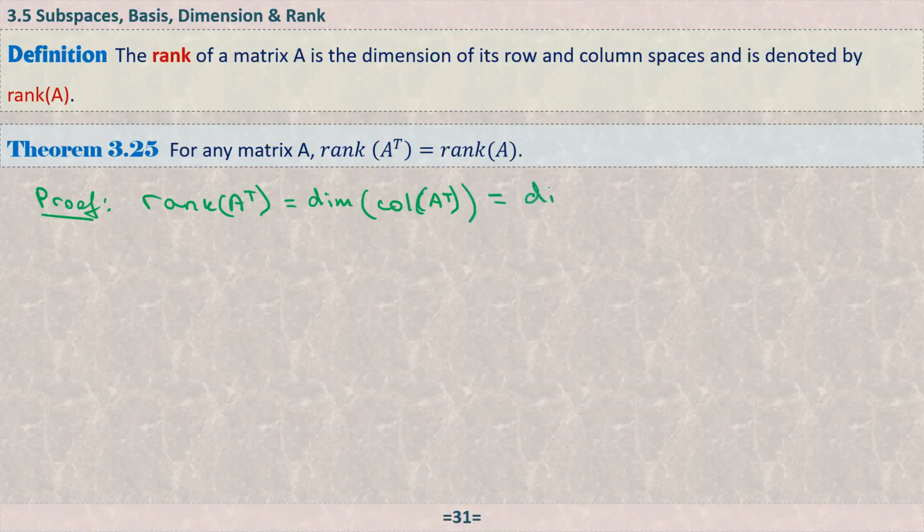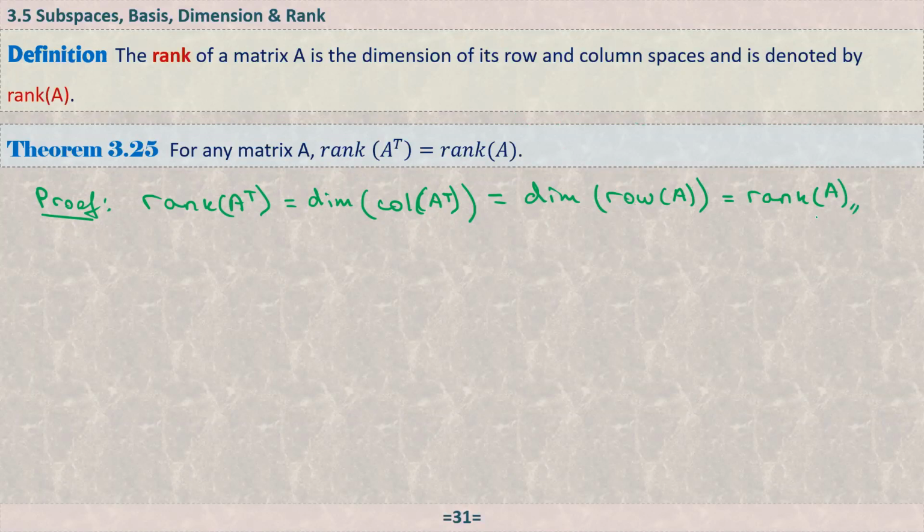Now, what is the column space of A transpose? It's just the same as the row space of A, because the columns of A transpose are just the rows of A. And from the theorem, the rank of a matrix A is the dimension of its row and column spaces. So here, the dimension of the row space of A, using this definition, is just the rank of A.